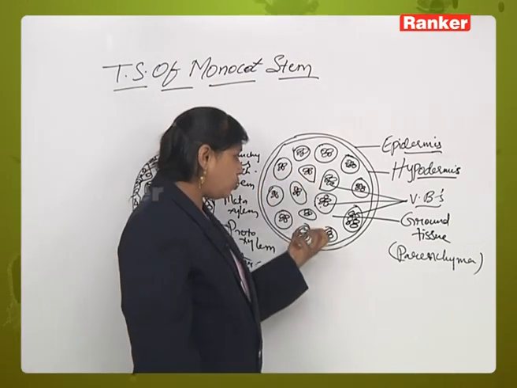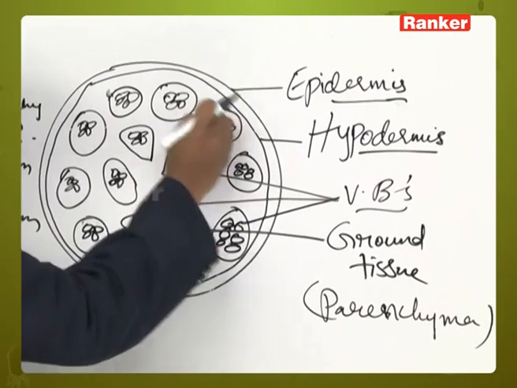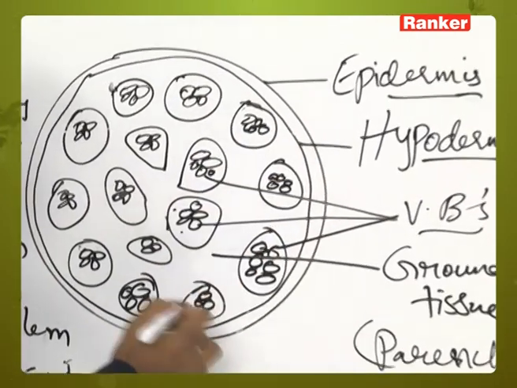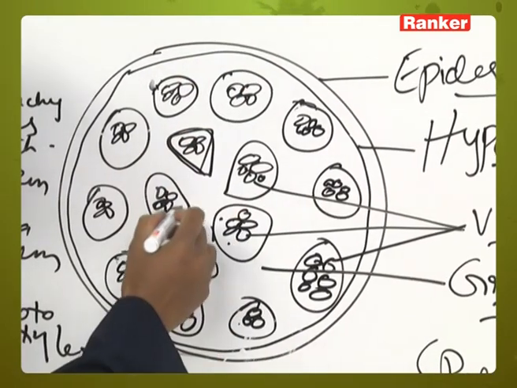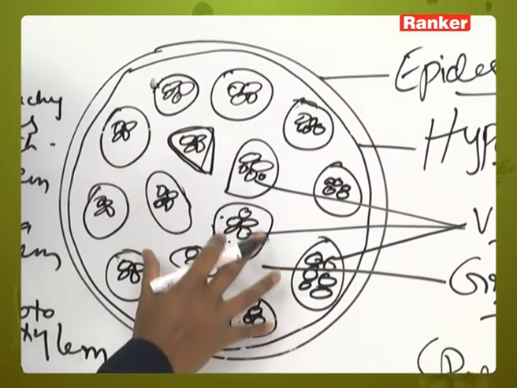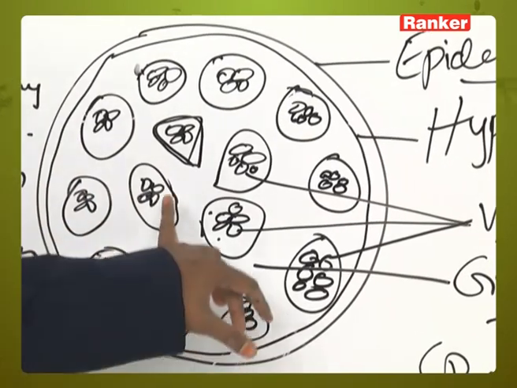As the diagram indicates, towards the center of the ground tissue the vascular bundles are larger and oval in shape.